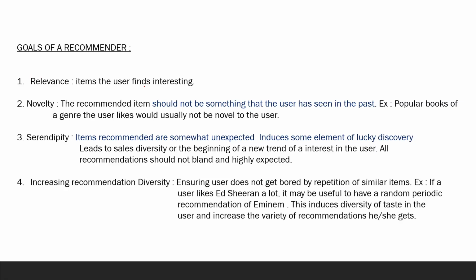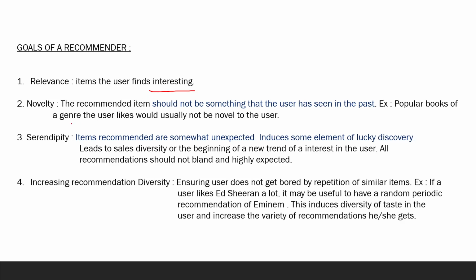Okay, so now coming to what is the goal of a recommender. Of course, the first goal of a recommender is to suggest items that the user finds interesting. That is basically what relevance means. If the user is a huge comedy fan, then we should try to suggest movies that are of good quality with respect to comedy and pique the user's interest.